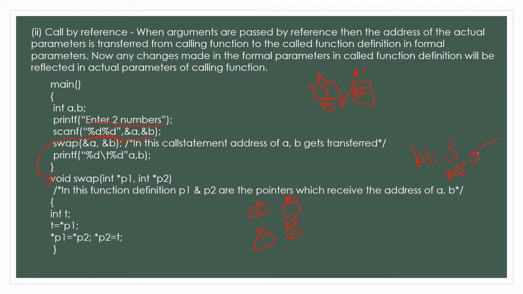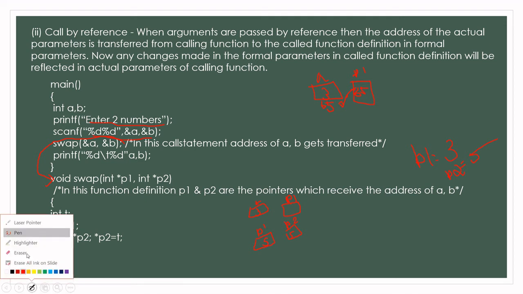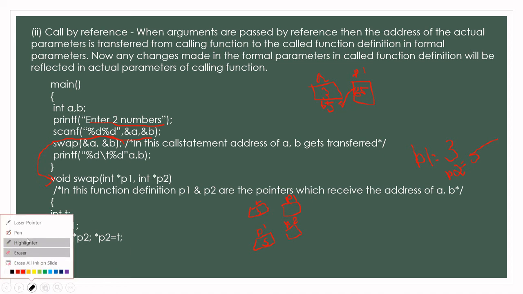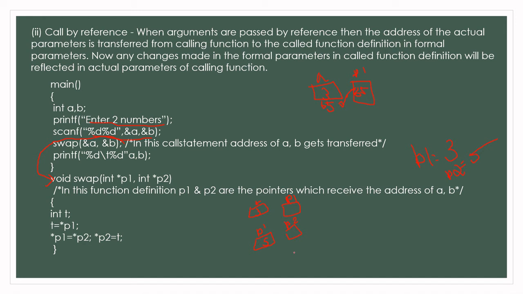So after swapping it would be 5 comma 3. So P2 value gets stored over here, that it gets stored into P1. And then the temp, what's the value in temp?